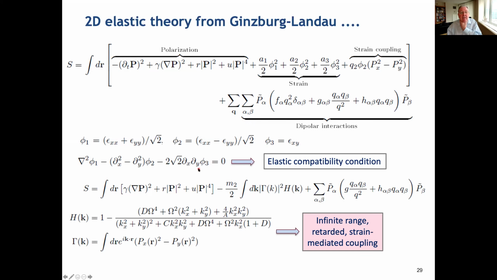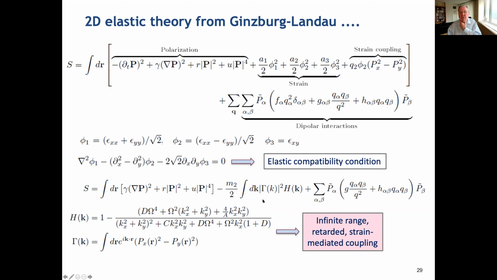If you do that, I can, of course, eliminate the strain, as I did with the microscopics, and get a coupling then between the polarizations. Because here strain couples to polarization squared, that actually generates a p to the 4th term here.